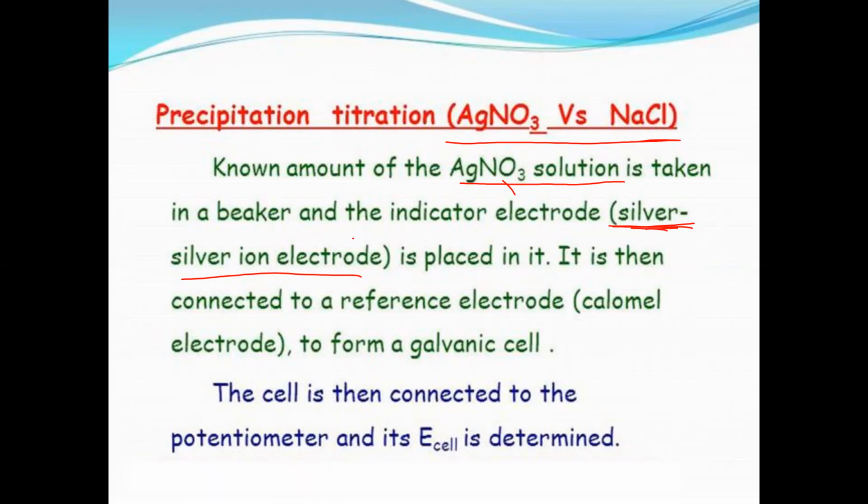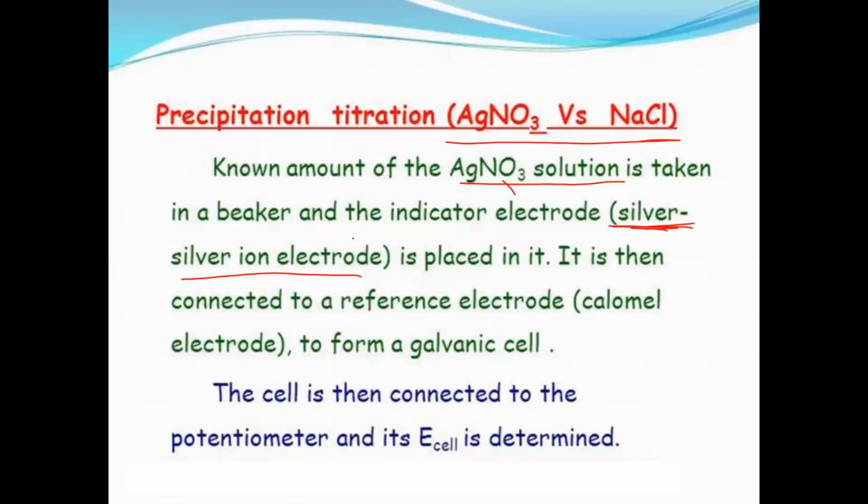By adding the NaCl which is present in the burette to the silver nitrate which is present in the beaker, we get the EMF difference value between the reference and the indicator electrode.